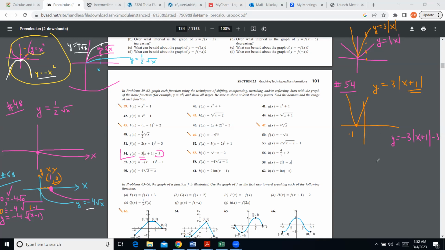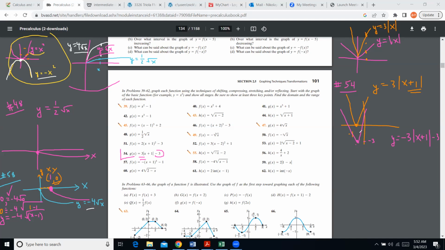So when I subtract 3 from the whole thing, it means I move the graph down by 3 units, right? And it doesn't matter if that's absolute value or a parabola or anything else, the graph simply shifts downwards by this number that I subtract.